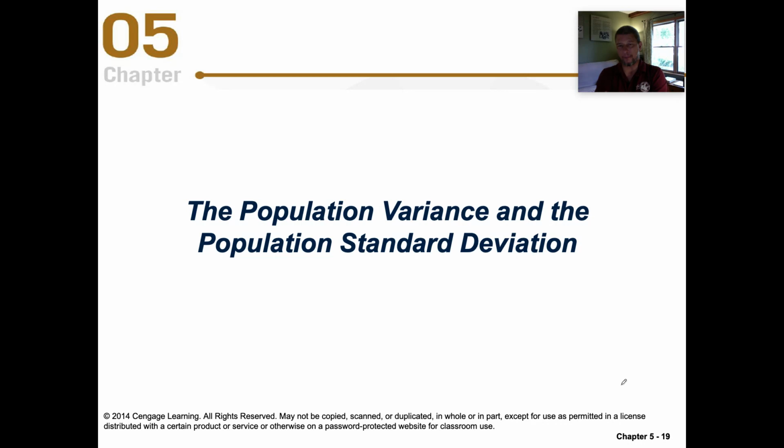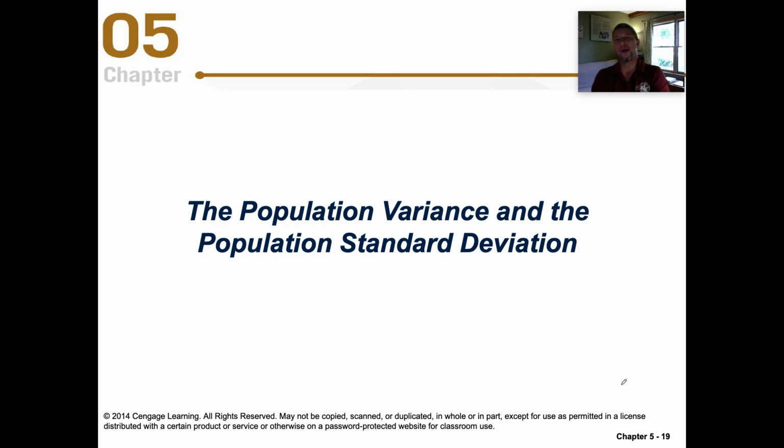Okay, now what we've talked about here in terms of variance and standard deviations are calculations regarding a sample of a population. Of course, in real research, what you're trying to do is use the sample to make inferences about the population as a whole.